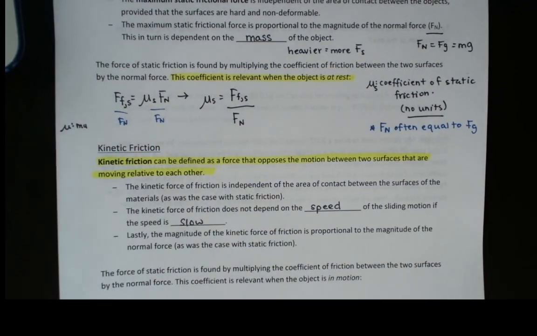Again, it doesn't matter how much contact area is between the two surfaces, that doesn't really affect friction. It also isn't really affected by speed as long as the speed is slow. The magnitude of the kinetic force of friction is also proportional to the normal force. As one goes up, the other goes up too.